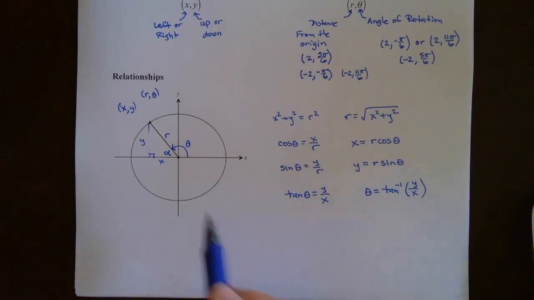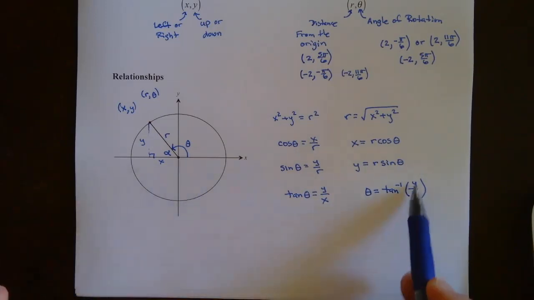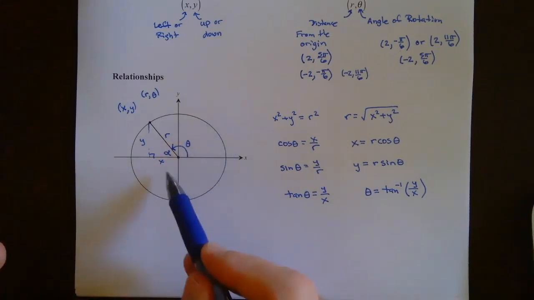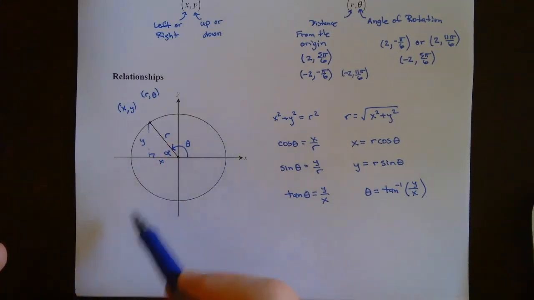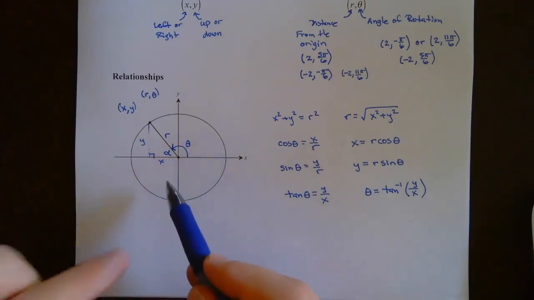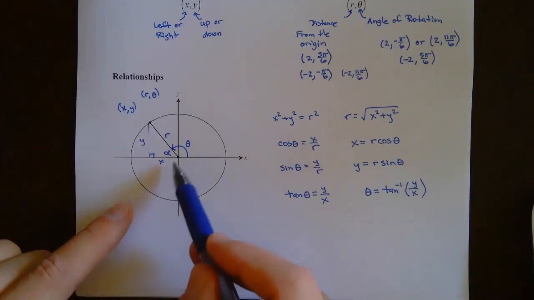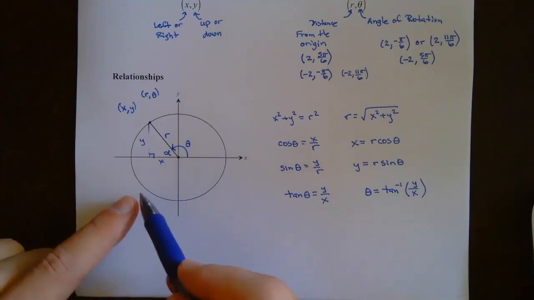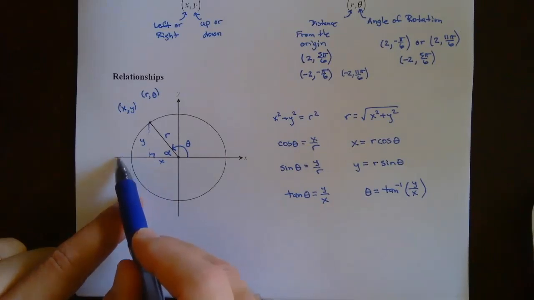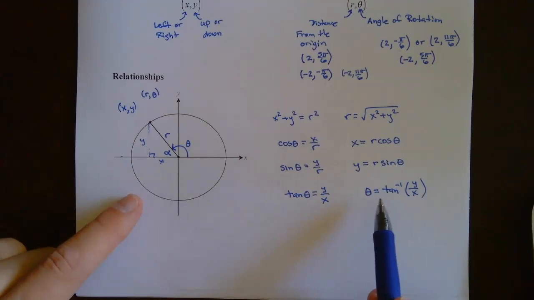Now, if we do tan inverse and both of these are positive, then we could be here, but we could also be over here. So here's the problem. If we know the point is in the third quadrant, to get our theta we're going to have to take the 180 degrees or pi and add it to this.